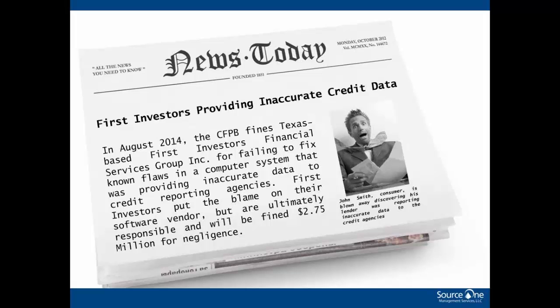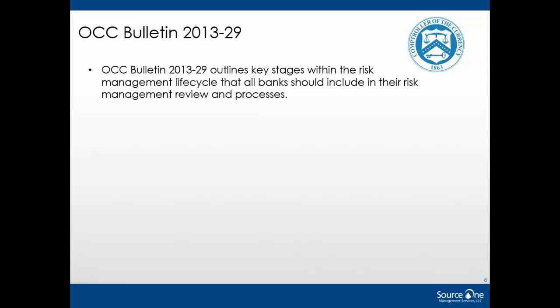There was a failure to assess third-party supplier risk management policies before getting into contracts, a lack of ongoing monitoring activities, and failing to enter into formal contracts in some cases with third-party suppliers. So they created 8 stages of what they expect banks to follow from a supplier lifecycle management perspective.